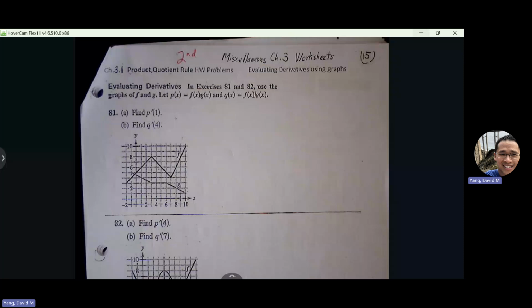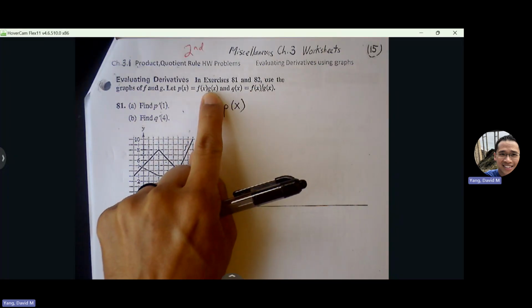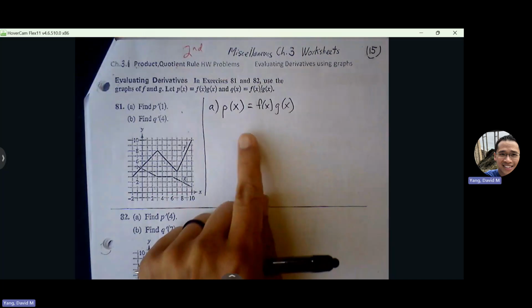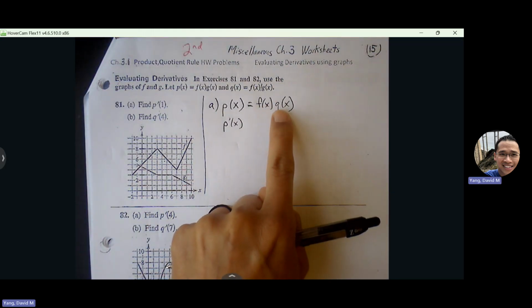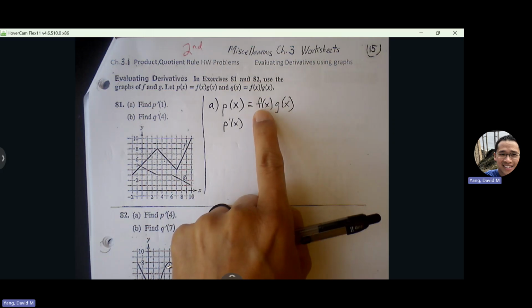So for part A, we're just going to focus on finding P prime, but let's look at what P of X is defined as. P of X is defined as f of X times G of X. So let's write that equation down. If I want to find P prime, what do we have to involve here? Product rule, yeah. We can't just say f prime times G prime.